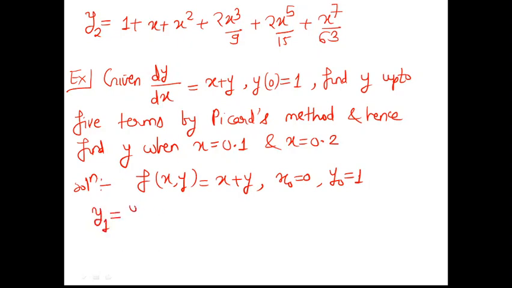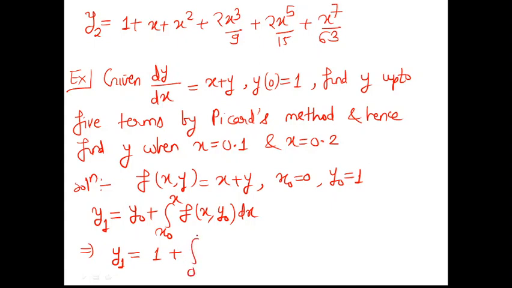So y1 is given by y naught plus integral from x naught to x of f of x, y naught. This is what we have. Now substituting the known values, y1 is equal to y naught, which is 1, plus integral from x naught, which is 0, to x of f of x, y naught. I just have to put y as 1 in this expression.